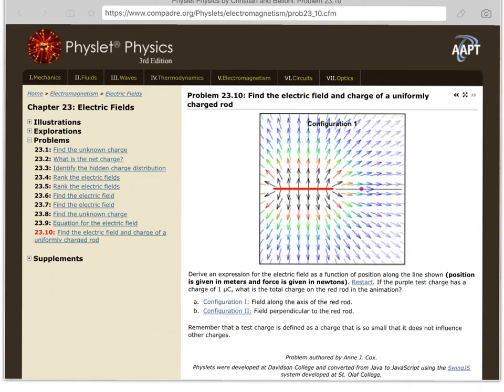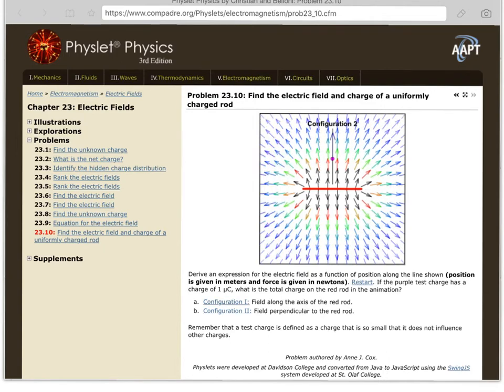Okay, in this problem we encounter a line of charge or a charged rod, and we see it from two configurations. One where the point is along the line or axis of the rod, and the other where the point moves perpendicular to the rod, or along a normal or perpendicular bisector of the rod.